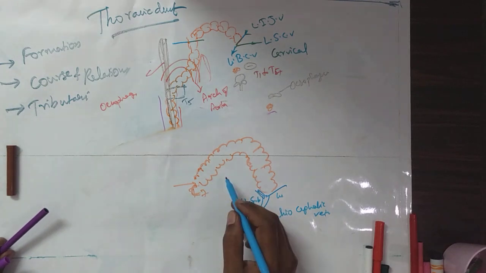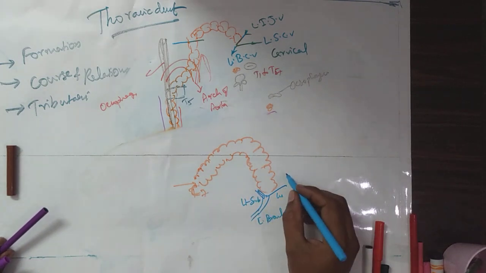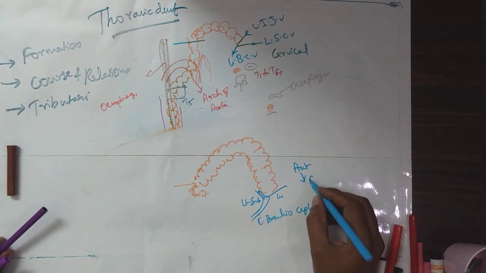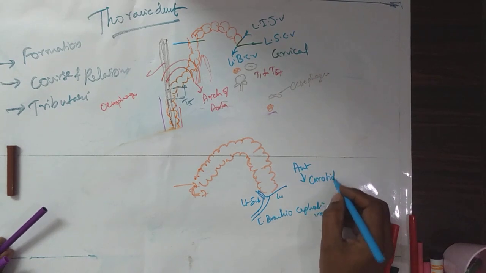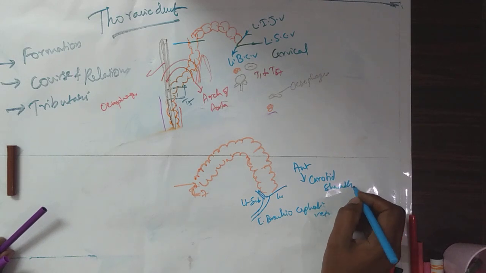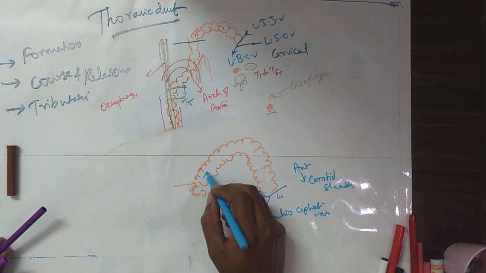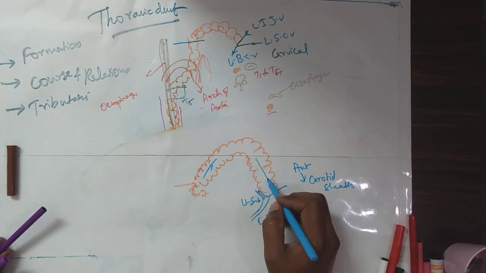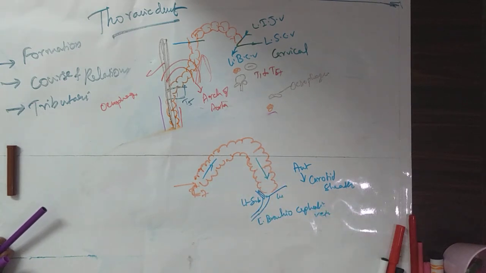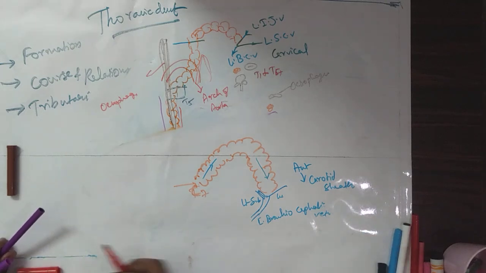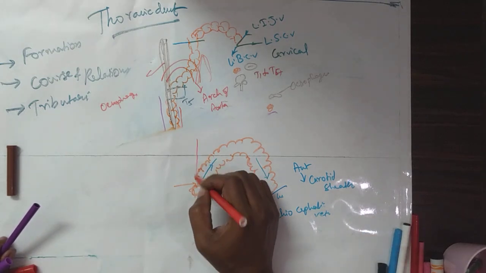Anteriorly it's related with the carotid sheath and its contents. Posteriorly, suppose this is the ascending limb of the thoracic duct and this is the descending limb. So ascending limb and descending limb posterior relations are different. The ascending limb is concerned with 2 arteries.